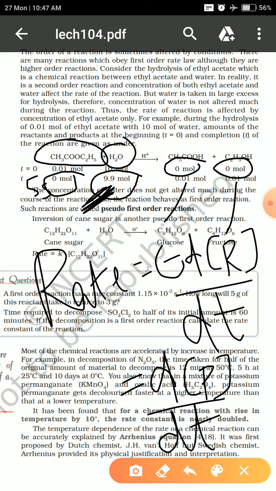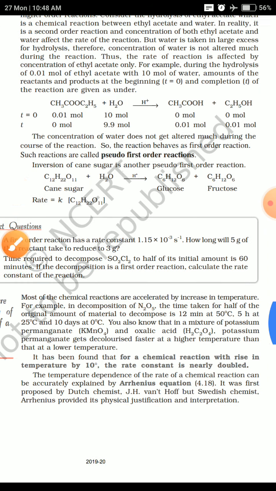Such a reaction was actually second order, but it behaved as a first order reaction, so it is known as pseudo first order reaction. Okay, I hope you understood.